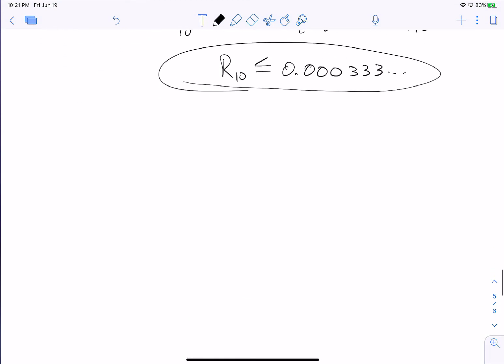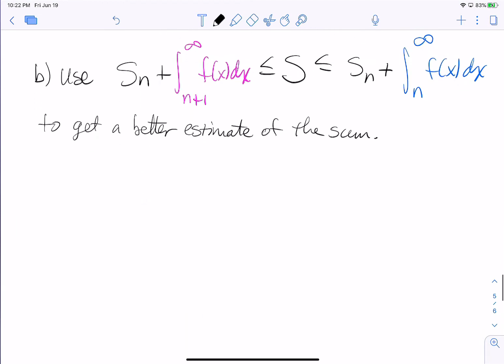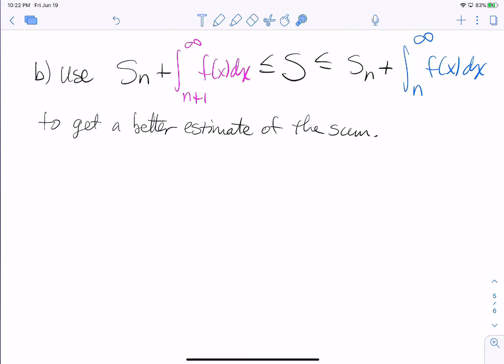For the next part, we're asked to use the inequality S sub n plus the integral from n plus 1 to infinity of f of x dx is less than or equal to s, which is less than or equal to s sub n plus the integral from n to infinity of f of x dx, that pink and the blue integral that we saw in a previous video. Anyway, we're going to use that to get a better estimate of the sum.